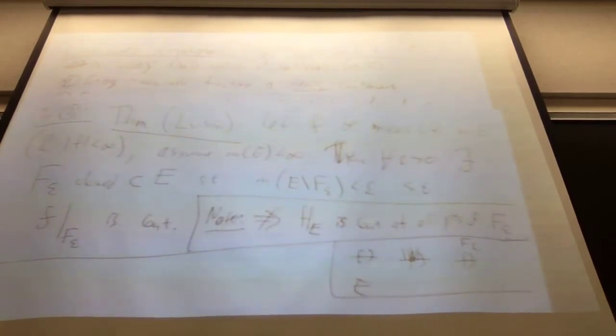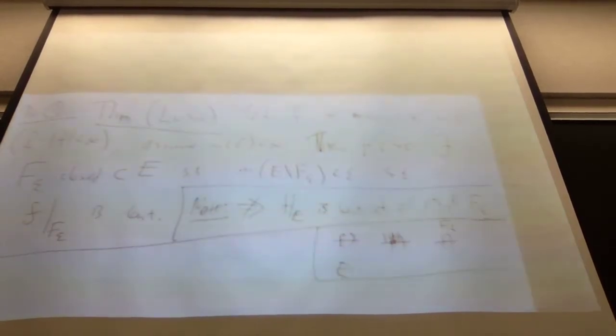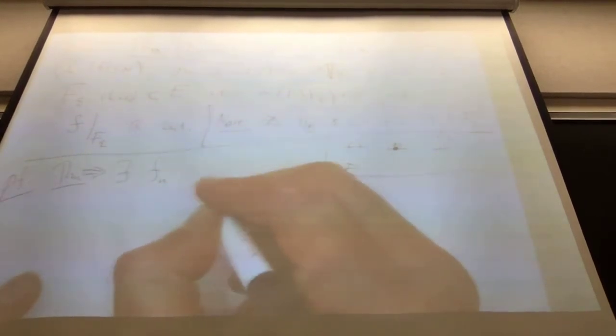That's the second principle: every measurable function is nearly continuous. Okay, proof. What we saw before is that by a previous theorem, we had a theorem that there exists a sequence of step functions.